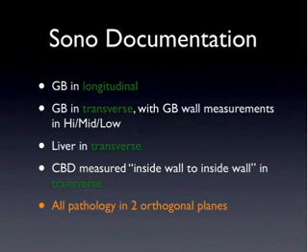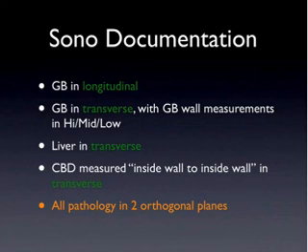And a final comment on sonographic documentation. Again, for this study, you'll want to obtain a longitudinal of the gallbladder. You'll also obtain 3 transverse views of the gallbladder with wall measurements on the portion of the wall adjacent to the liver parenchyma, both in high, mid, and low. You'll want a transverse of the liver, looking for any obvious liver pathology.